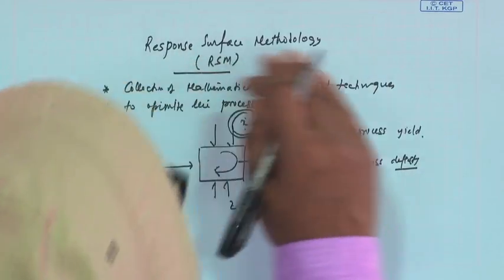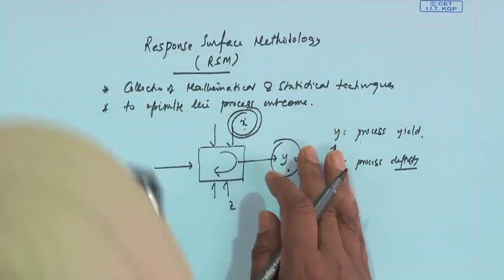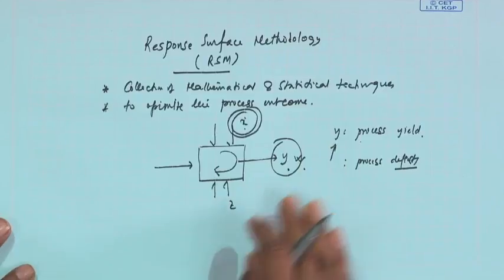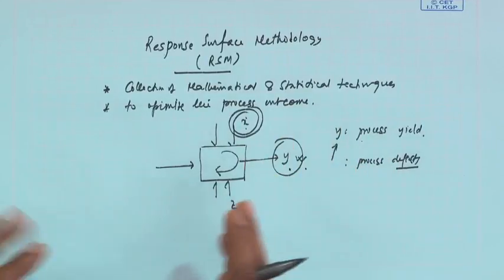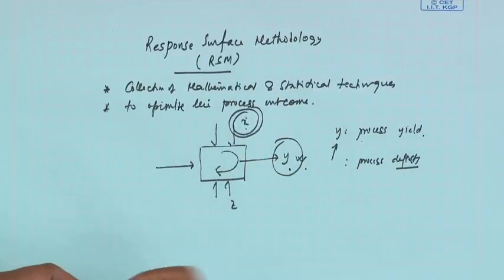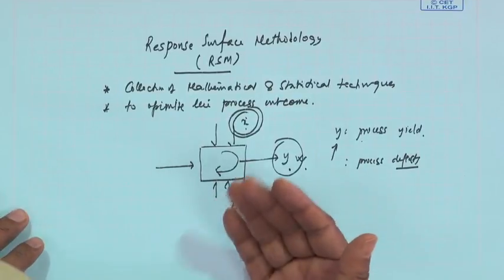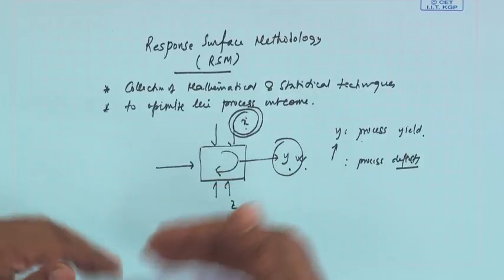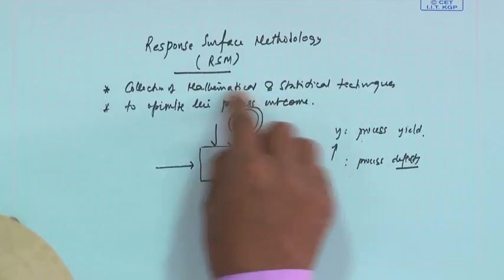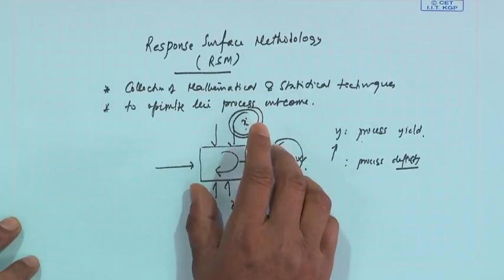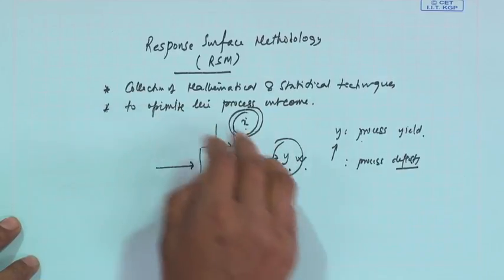So, response surface methodology will be useful to find the optimum process output, depending on the nature of the controllable variables and the relationship between the variables.